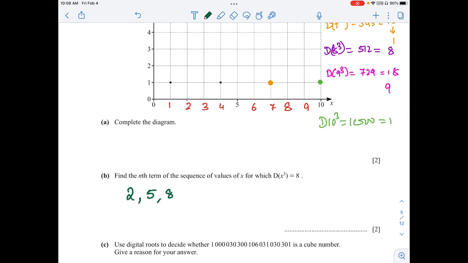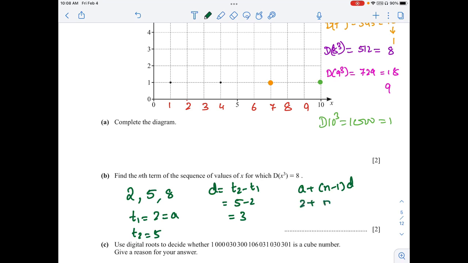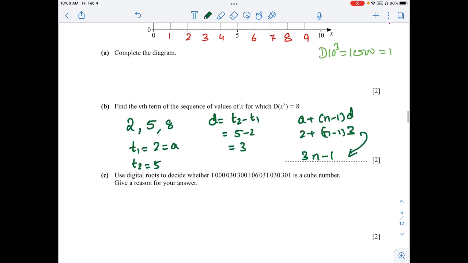So nth term. First term is equal to 2, which is a. Second term is equal to 5. So common difference is t2 minus t1, which is 5 minus 2, which is 3. So nth term is nothing but what? A plus n minus 1 times d, which is 2 plus n minus 1 times 3. So when you simplify, it becomes 3n minus 1.